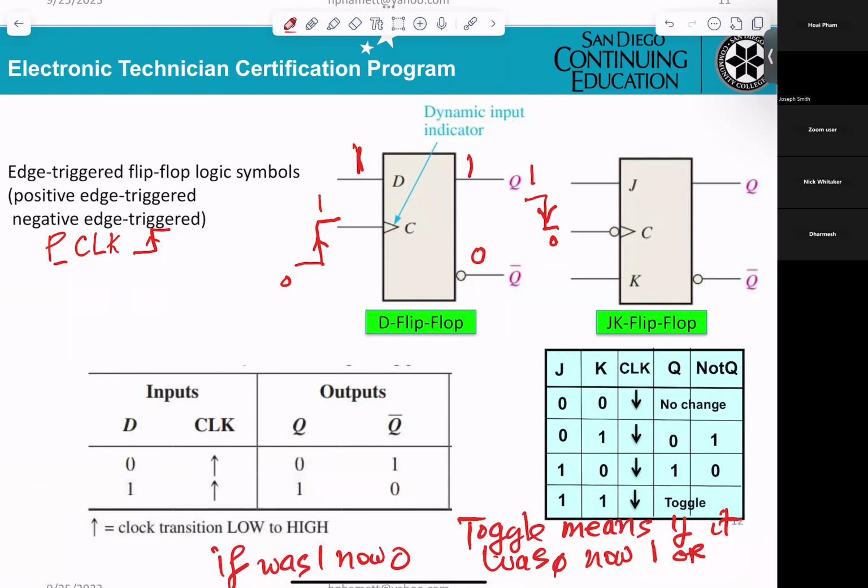And in the program, if you want a high to low clock, you're using an N clock. That will be given to you, 1, 0. Look here.